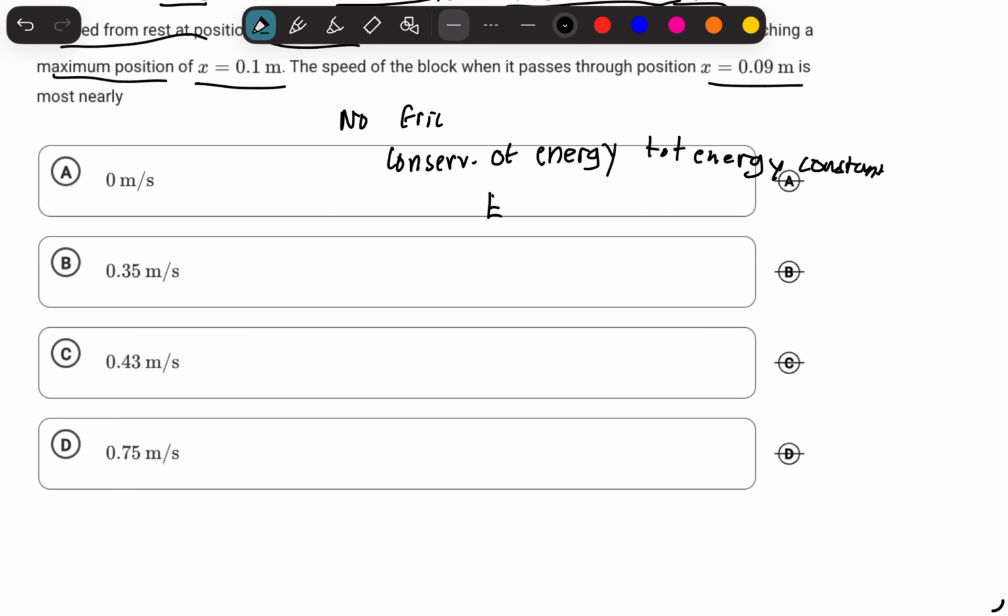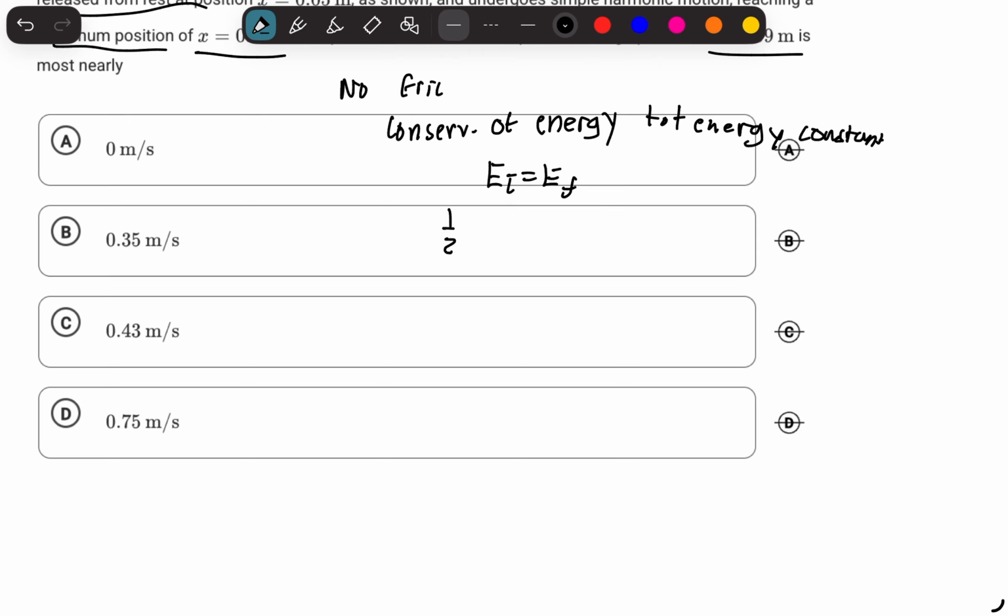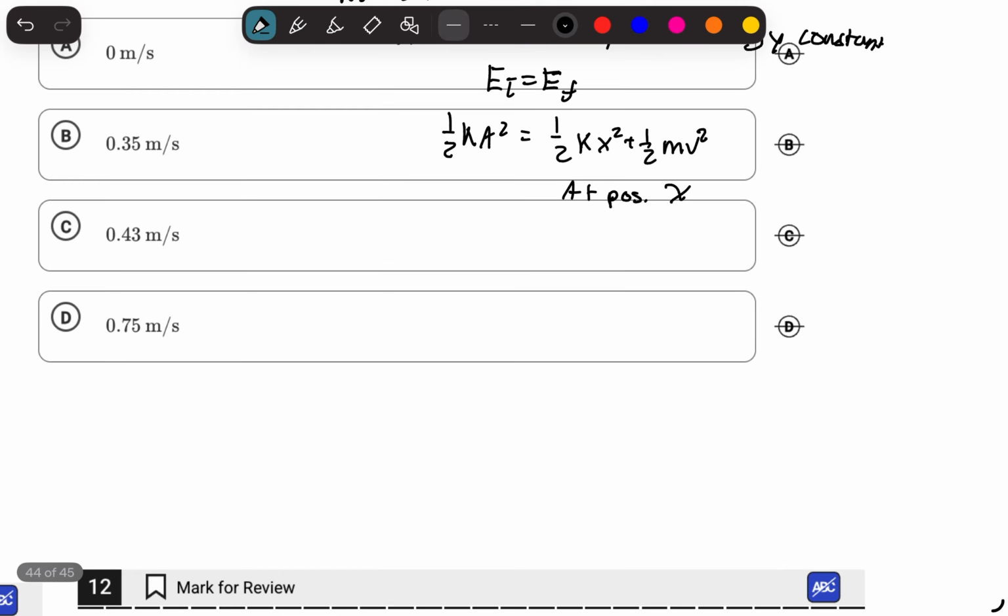Therefore, we say E initial is equal to E final, and energy is equal to 1/2 kA squared. And finally, we have 1/2 kx squared plus 1/2 mv squared. This is at position x. Now, if we set them equal, we can multiply both sides by 2.